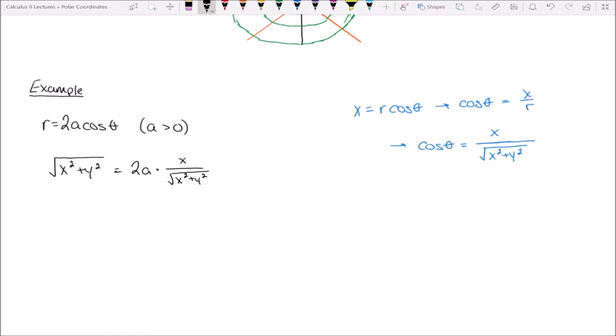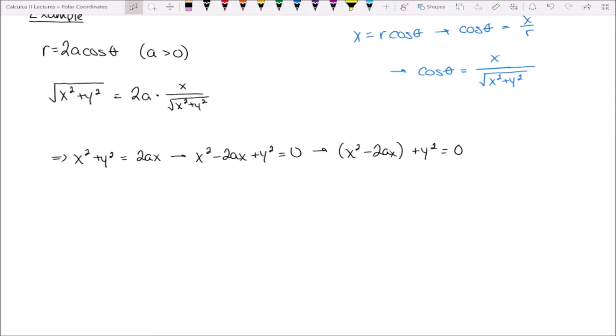If we multiply through by that square root of x squared plus y squared, what we get is x squared plus y squared is now equal to 2ax. X squared minus 2ax plus y squared is now 0. All I'm doing here is grouping.